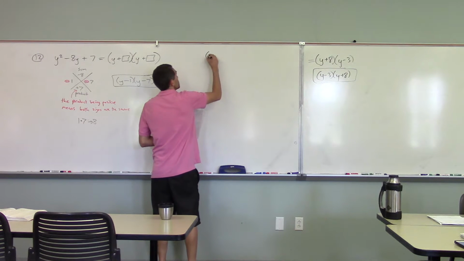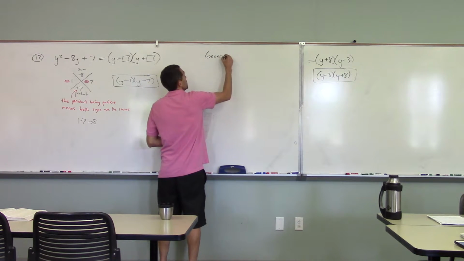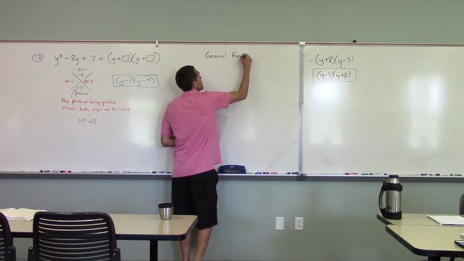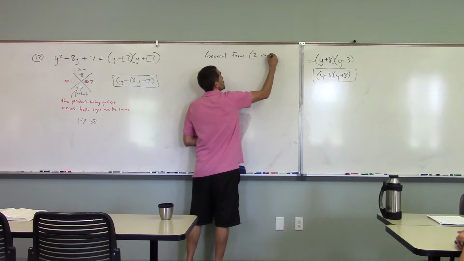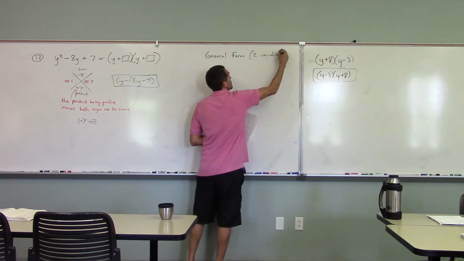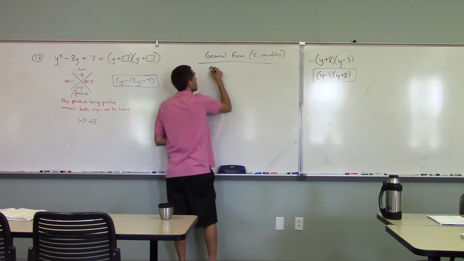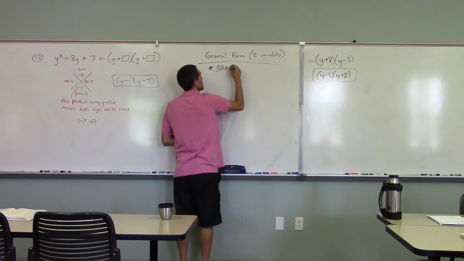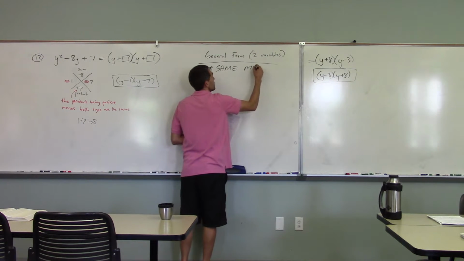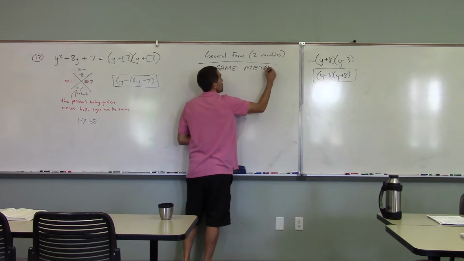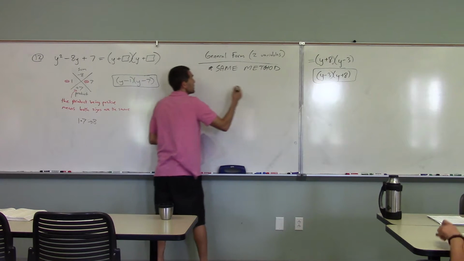Okay, so here's the general form if there are two variables: same method. Don't be scared, don't think new things.